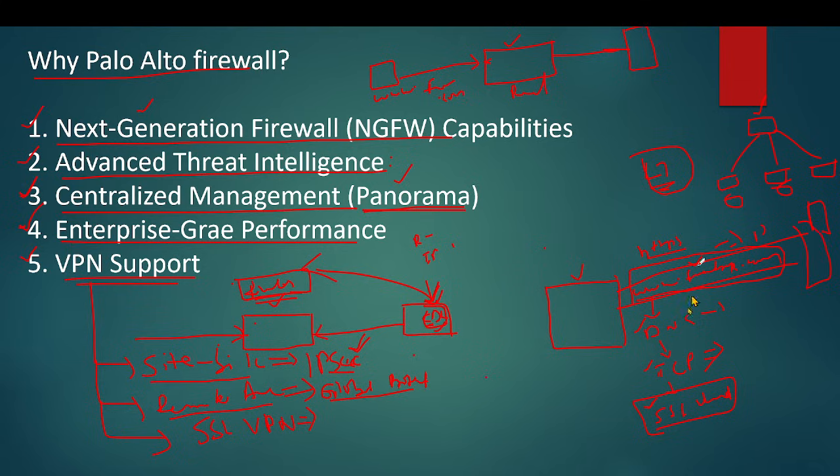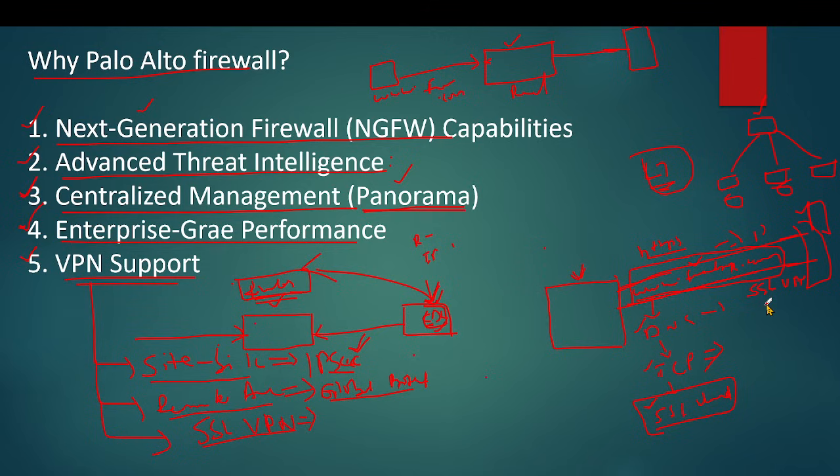And once this SSL handshake completes, a secure tunnel will be formed. A secure VPN will be formed, that we call an SSL VPN, to have secure communication between your client and server whenever you are browsing something on the internet. So that is the SSL VPN that we have, and that is going to form a secure tunnel between your web browser and server.